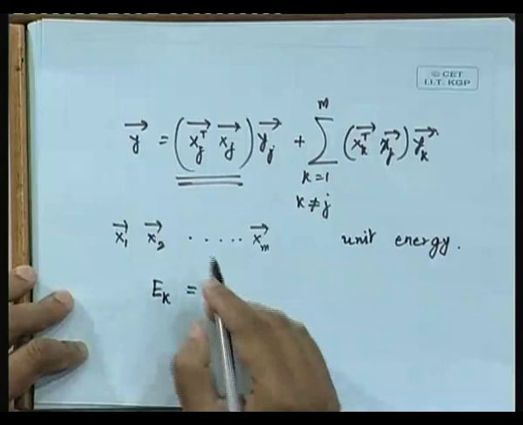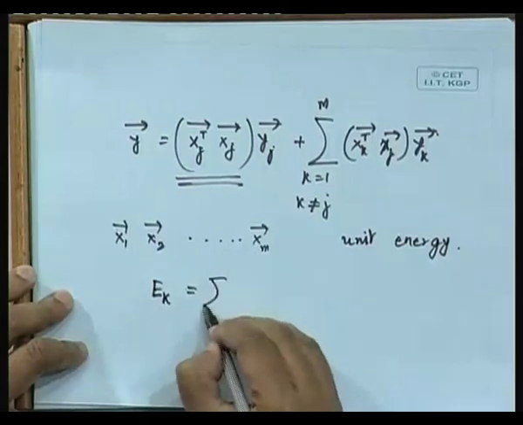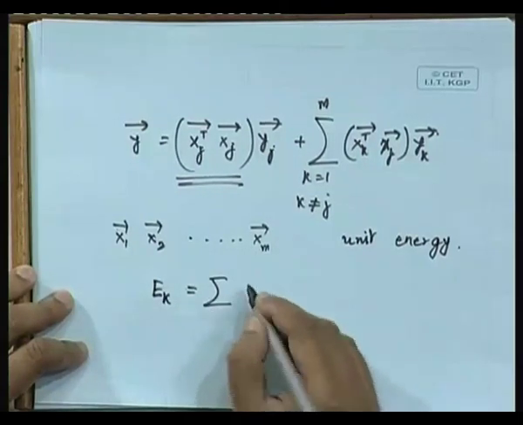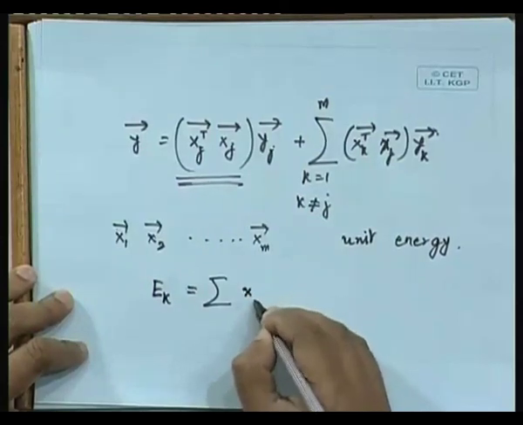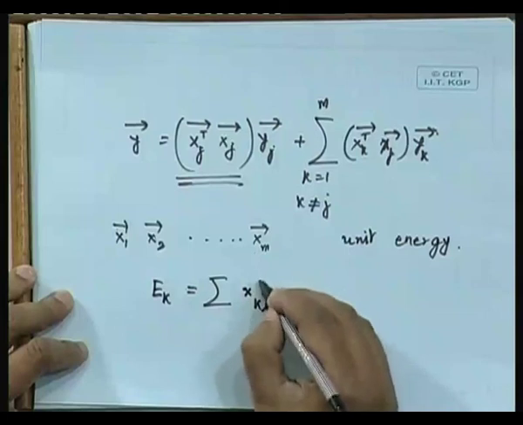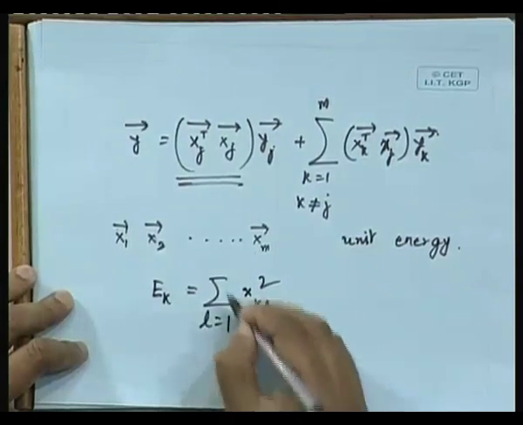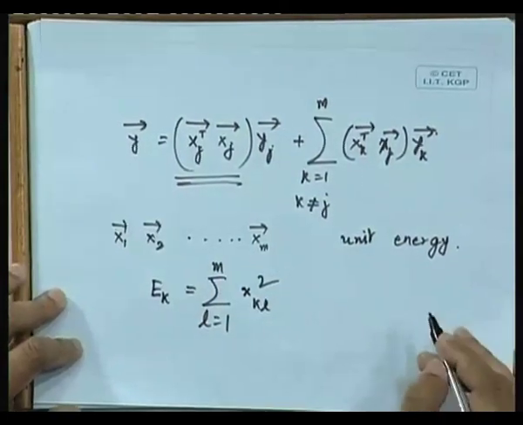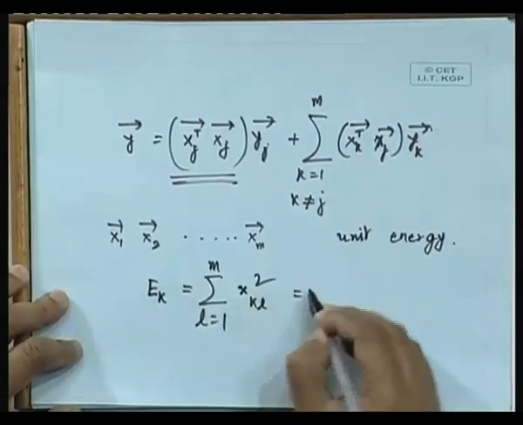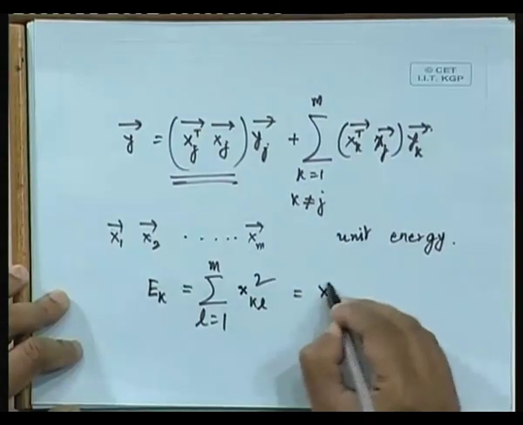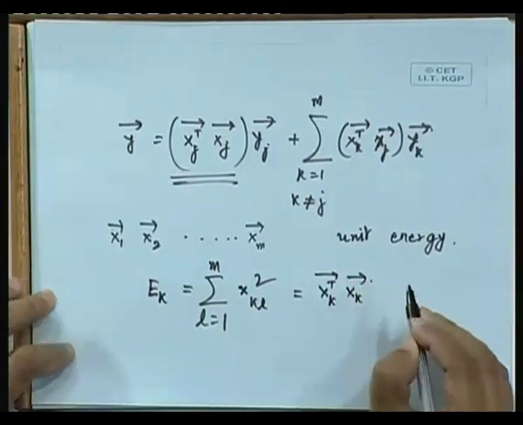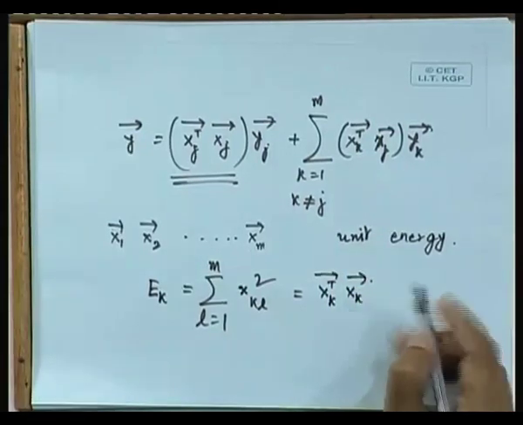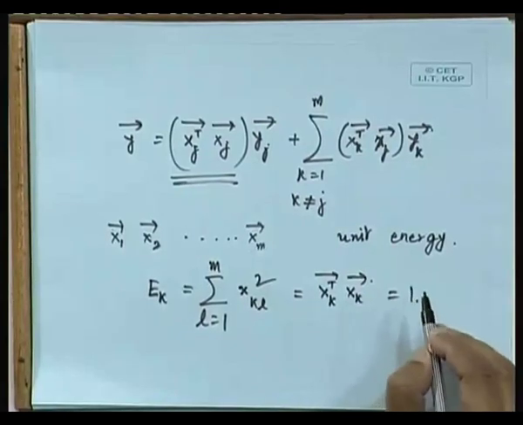The kth x vector's energy will be summation of xkl square, and l summed up from 1 to m. In this case, this is going to be xk transpose xk. So, if this is equal to 1, that means to say what?